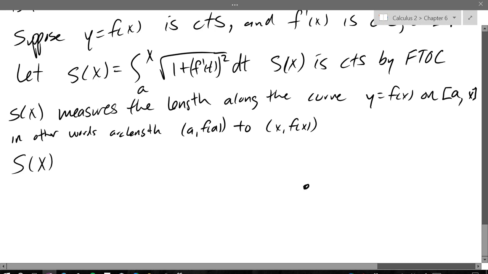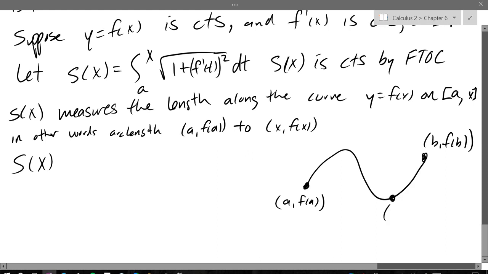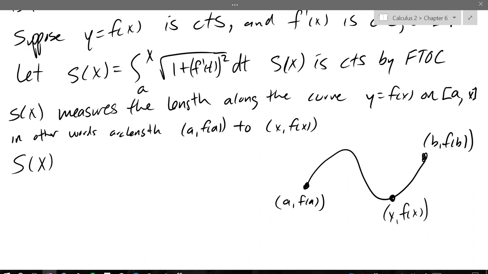You can just think about what's happening here. This curve's going along. We have a comma f of a. We'll call this b comma f of b. And then x is some value in between a and b. So let's just say x is maybe right here. So this point will be x comma f of x, at some point along the curve between a and b.